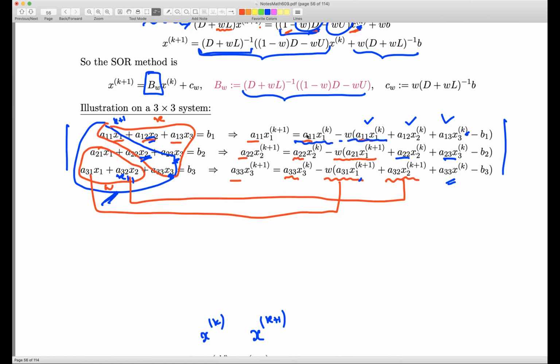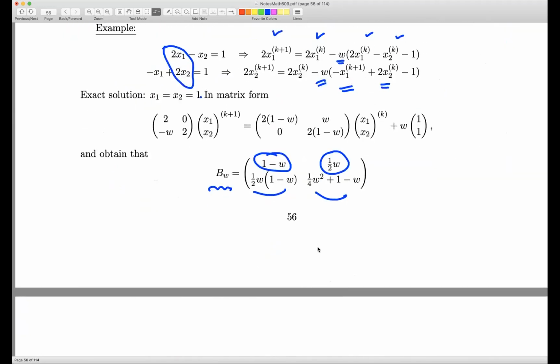So on here you have 1 minus omega, and then for a22, and then minus omega a21, a22. So you have a22 x^k multiplied by 1 minus omega.